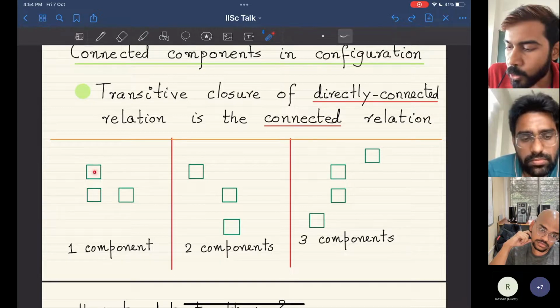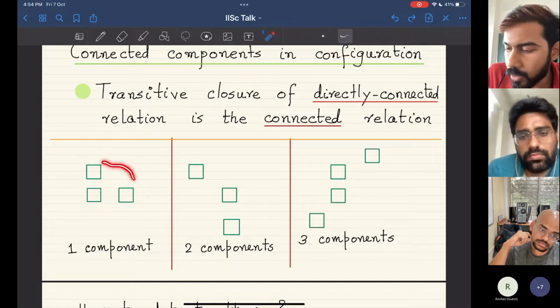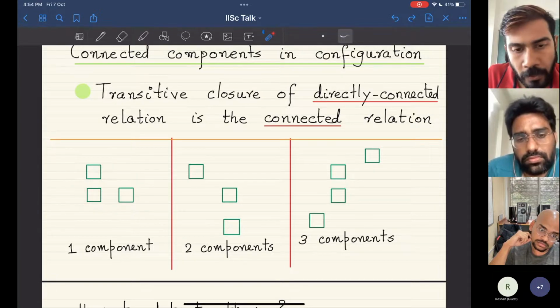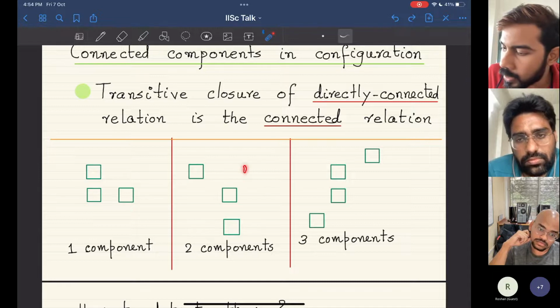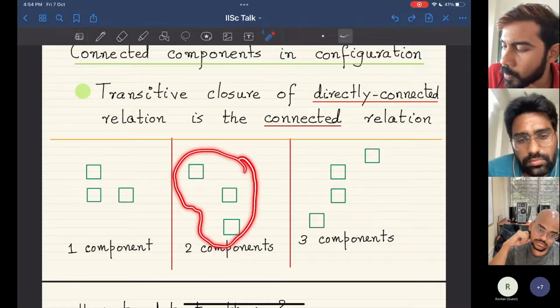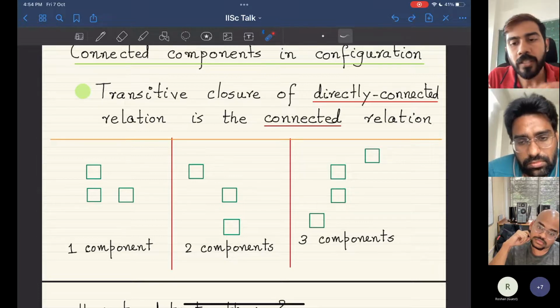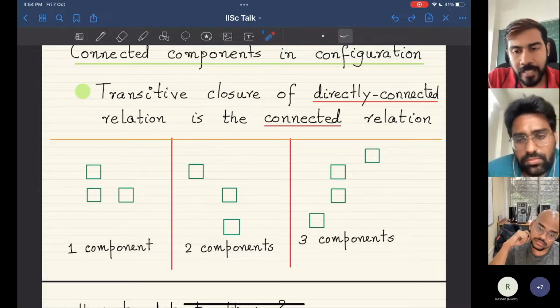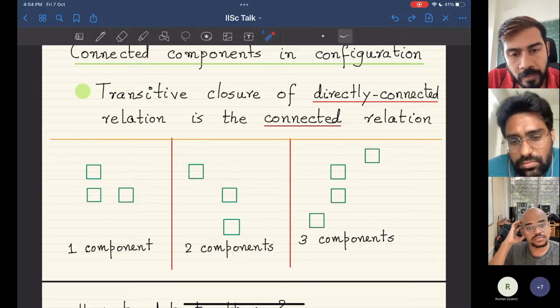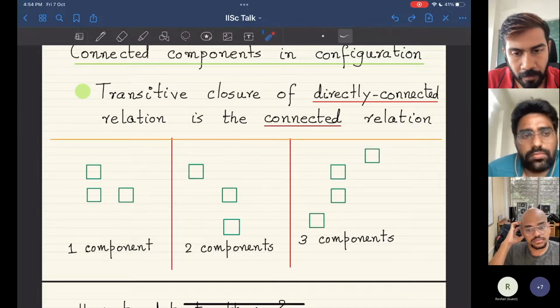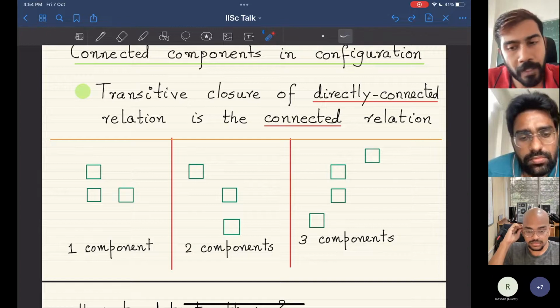So if I were to draw edges between connected boxes, this forms one single component. And this is a configuration that forms 2 components, and this is a configuration that forms 3 components. So we can systematically list out all possibilities this way, and we treat them separately.